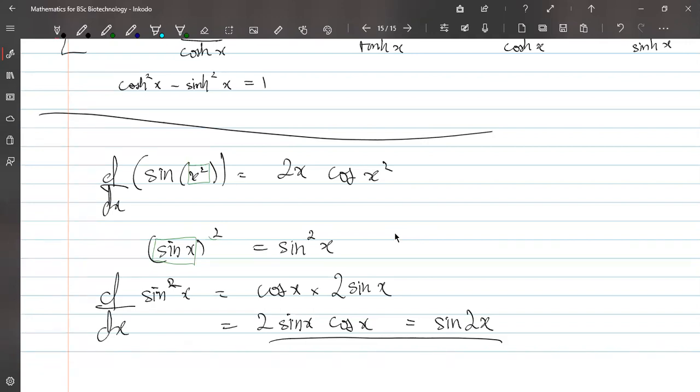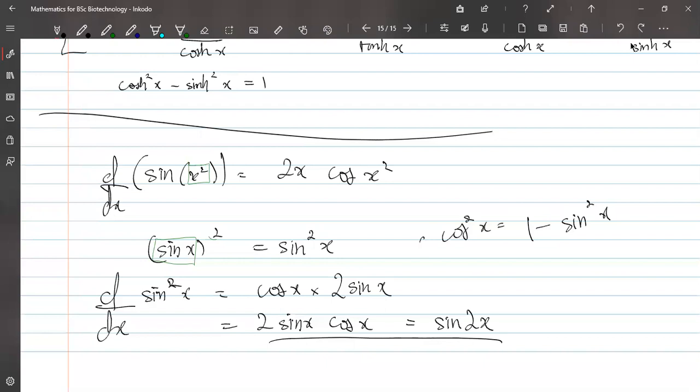That should not be surprising at all, because cos square x is just 1 minus sine square x. You can do the same type of differentiation with a chain rule, of course, but also you can just notice that cos square x is 1 minus sine square x, and 1 is a constant.